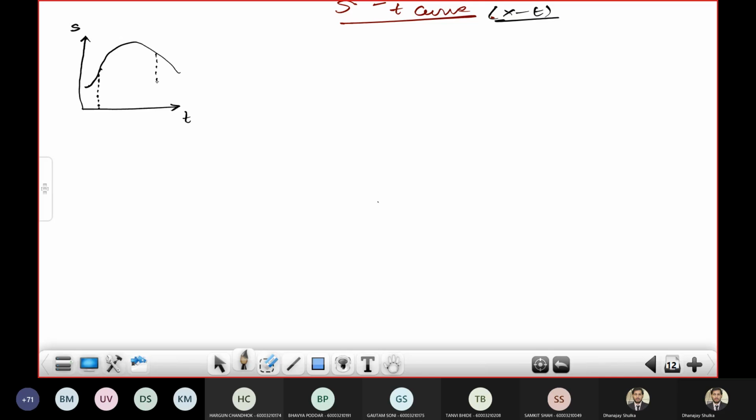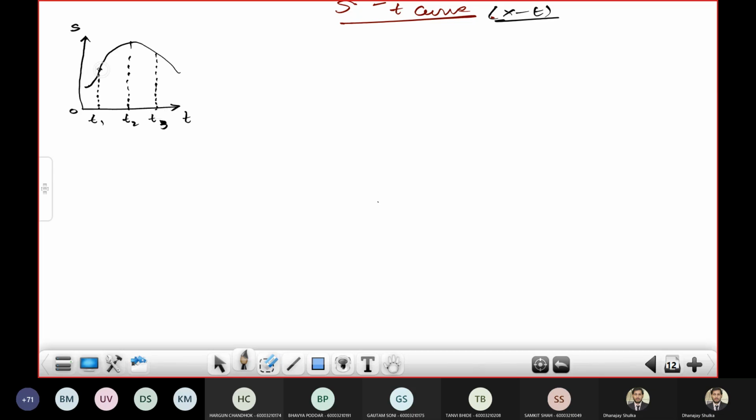Let's say this is 0, starting from the origin, this is T1, this is T2, and this is the final interval T3. So the particle started from the origin, at T1 it is here, at T2 it is here, and at T3 it is here, okay?